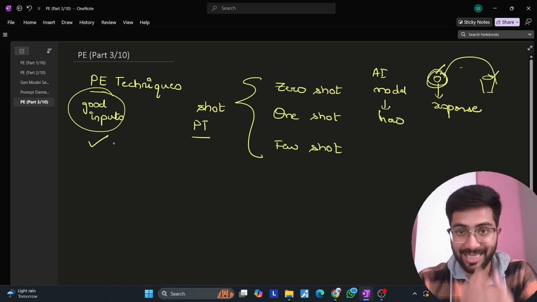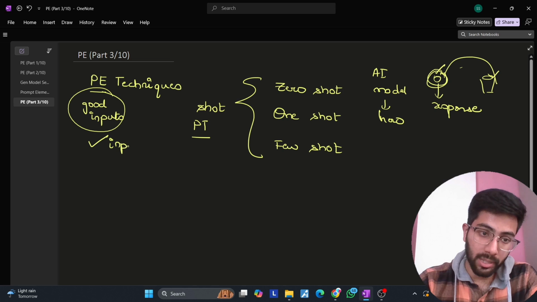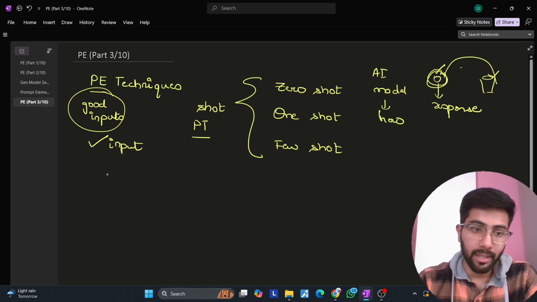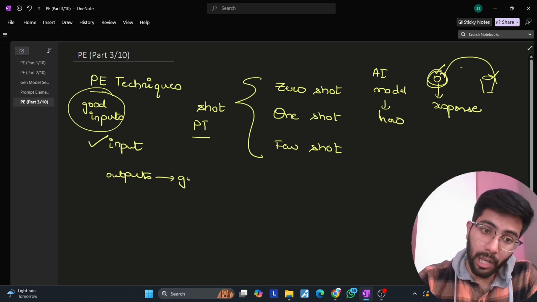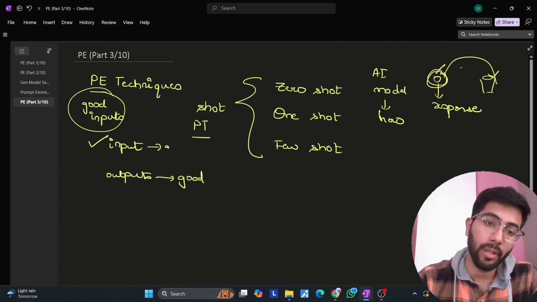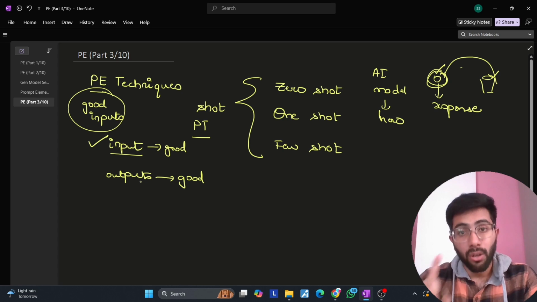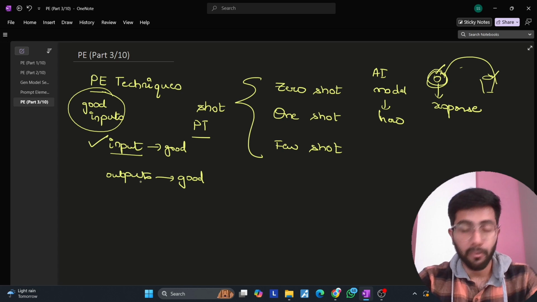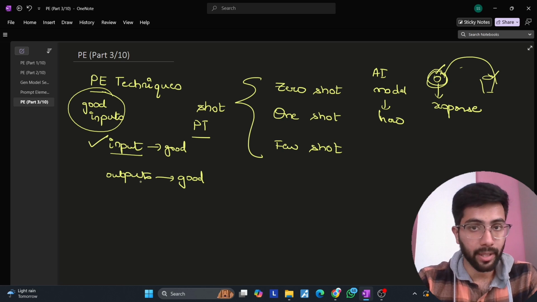It's up to you to decide if it's a good or bad input, but you always give inputs and you always look at responses or outputs. If you see good outputs, that's when you backtrack and say, yes, this was a good input. So if your first input gives you a great output, then it's called zero shot prompting, where in the first attempt you got the response that you required.